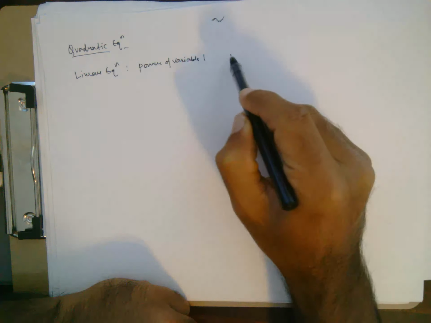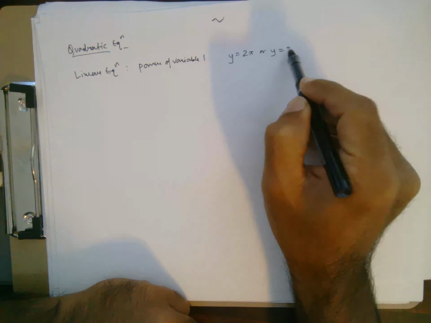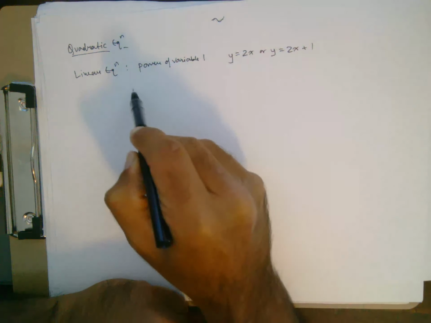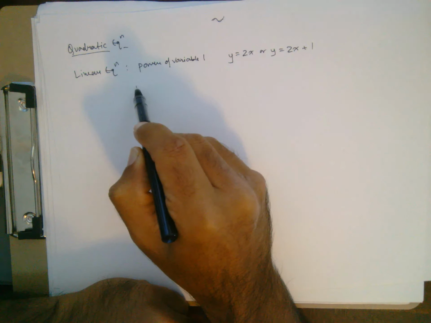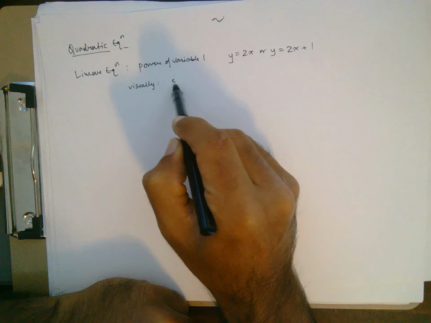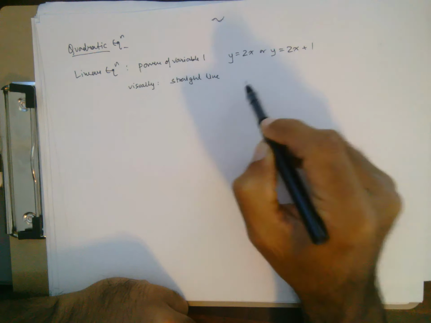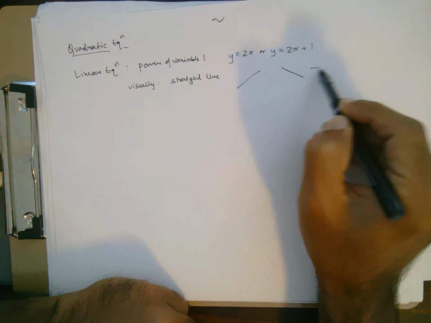So things like y equals 2x or y equals 2x plus 1. And then visually, what it looks like is a straight line. All right, so etc.